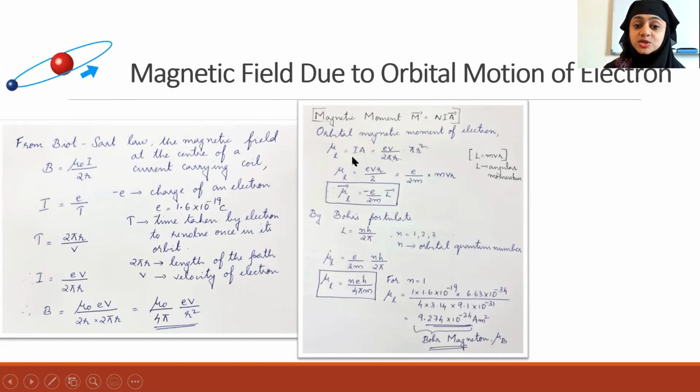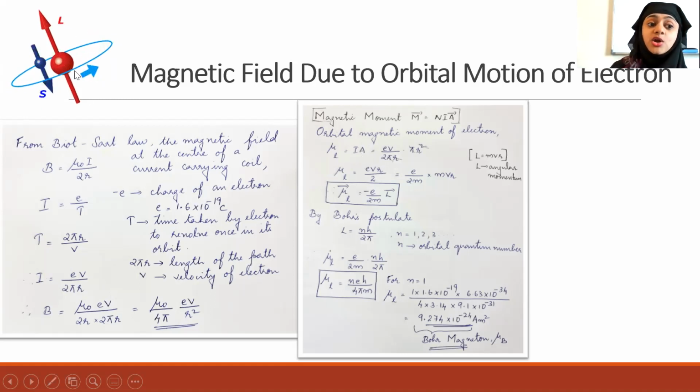And then, instead of I, we took the expression which we derived here, I is equal to ev by 2 pi r. And A means area. What is the area of a circle having radius r? Pi r square. So we got the orbital magnetic moment of an electron as ev by 2 pi r times pi r square.